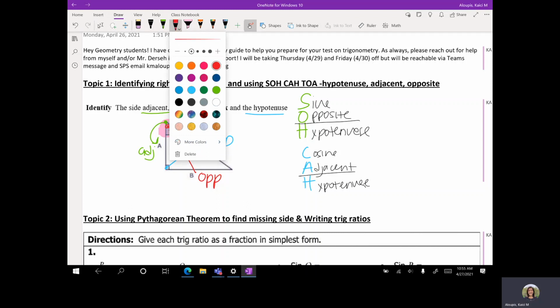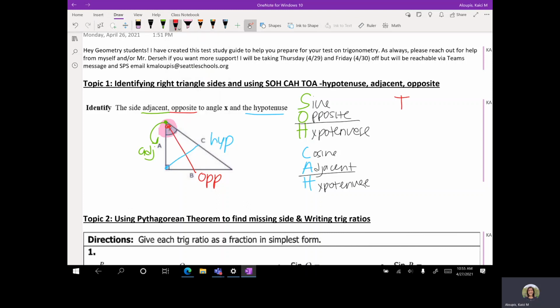Tangent is TOA, tangent is opposite over adjacent.